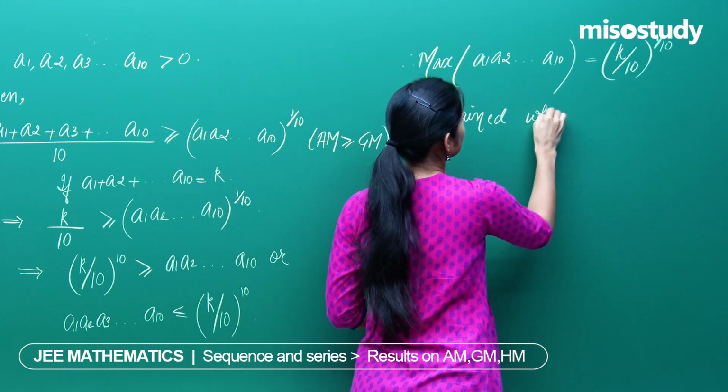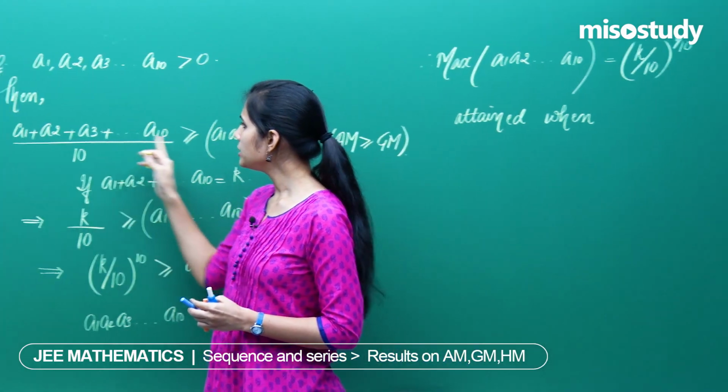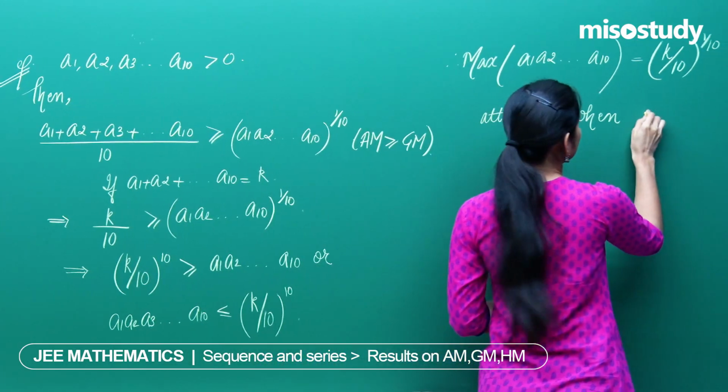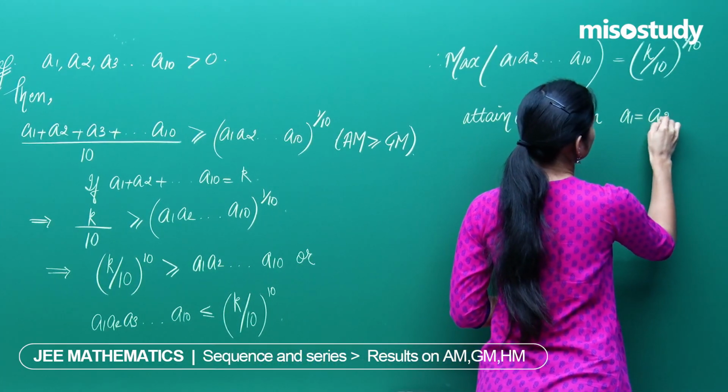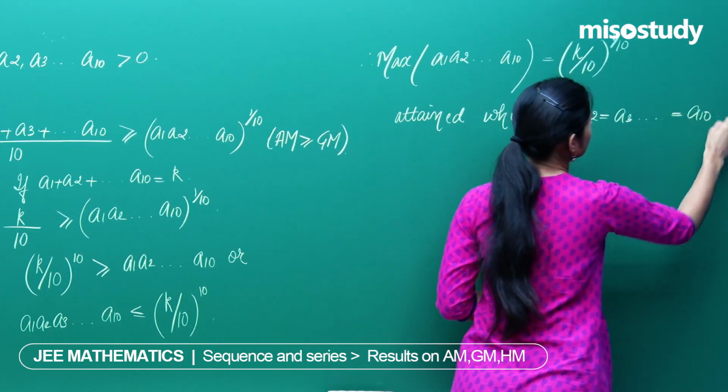It is attained in the AM-GM of these 10 numbers when all these 10 numbers are equal, when A1 is equal to A2 is equal to A3 and so on is equal to A10.